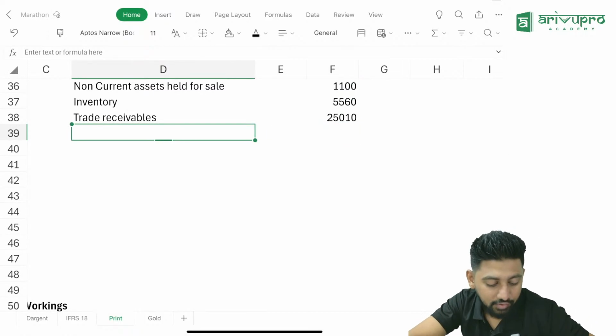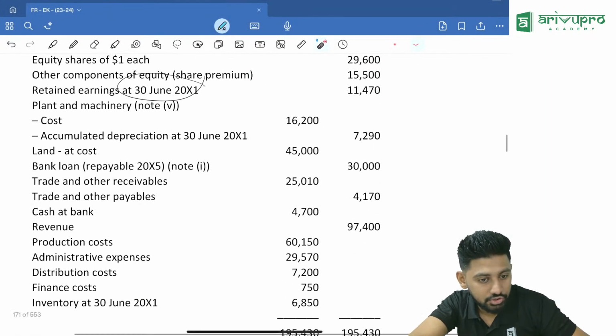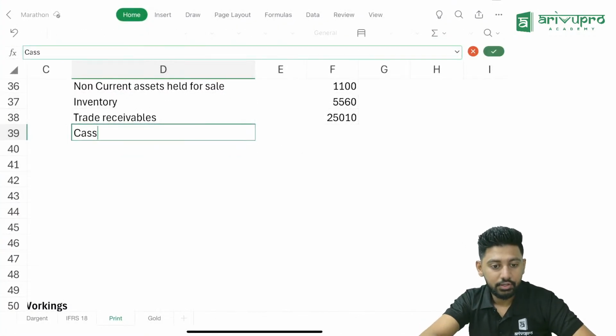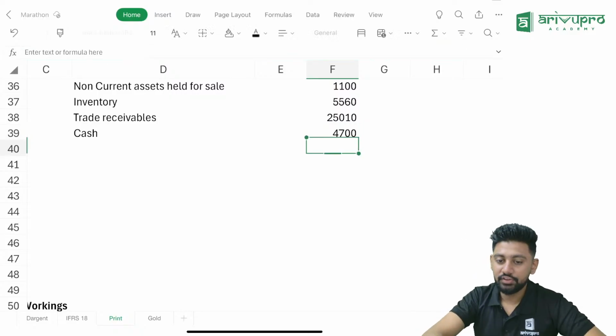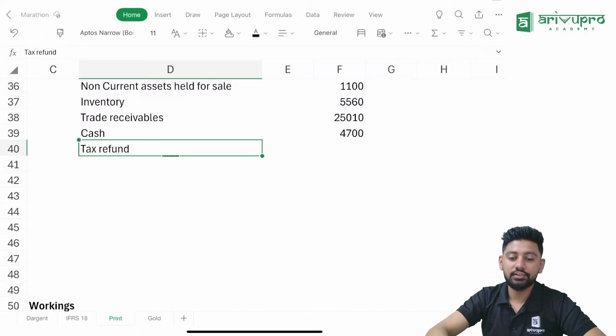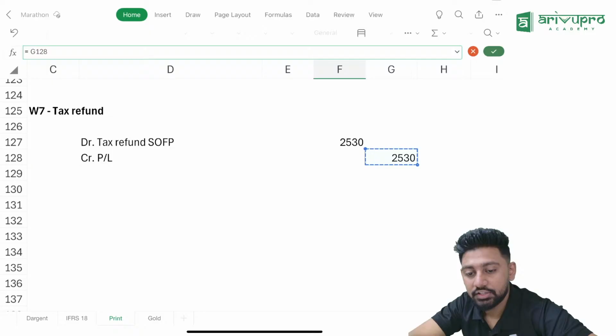And then what do we have? Cash at bank is 4700. And you shouldn't forget we have a tax refund which is 2530.